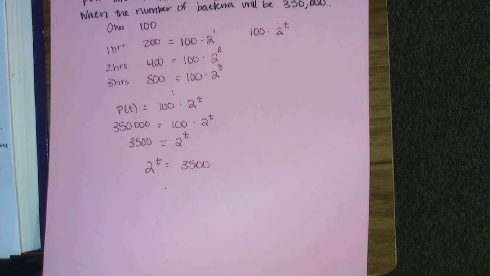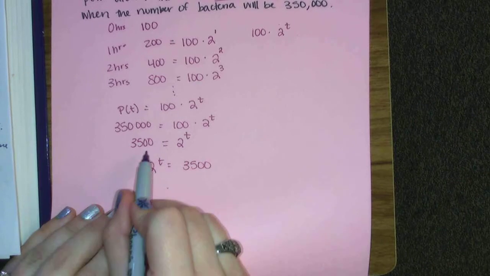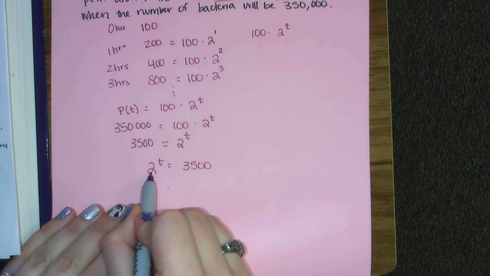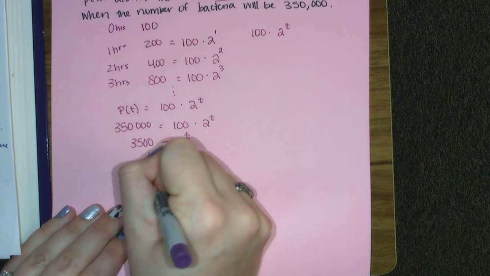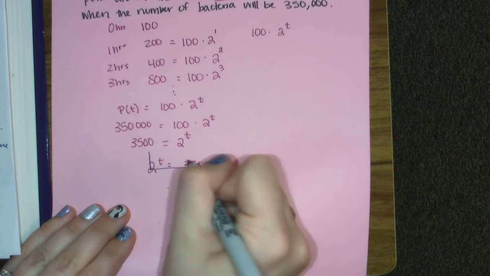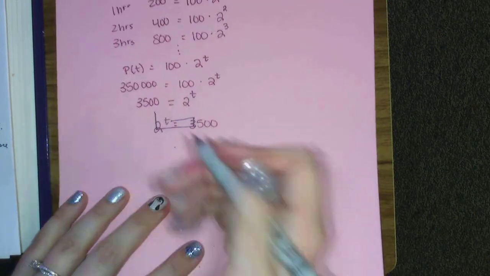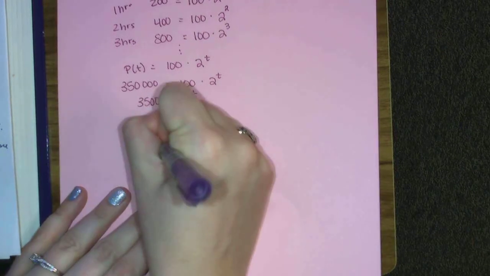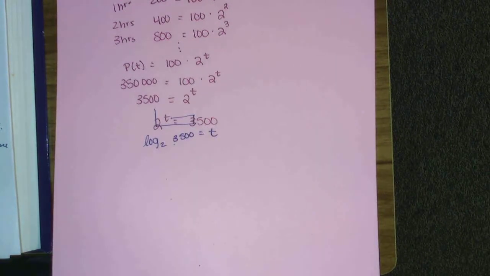So I draw my L, I start up here, and I come down through the 2. I go over to the 3,500, then up and back to the t. So this gives me the log base 2 of 3,500 is equal to t. And then you would need your calculator for that.